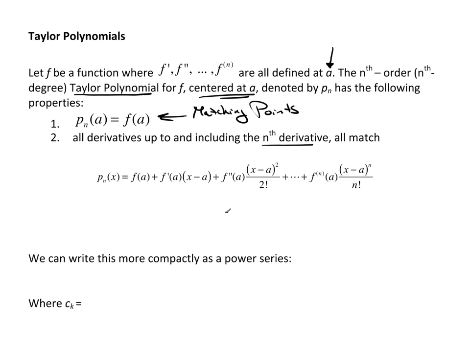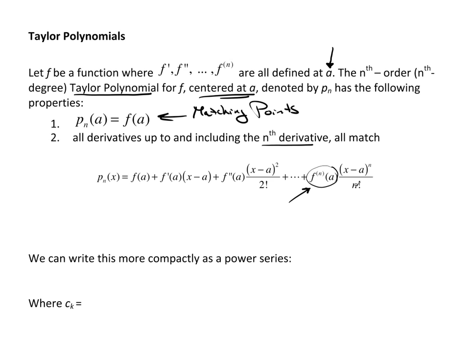So if I take P_n, the nth polynomial, and I take the nth derivative, I will end up with the nth derivative of f at a. That's what I kind of showed in that last little example. I did it for the first degree polynomial, the second, and then the third. So this extends out to the nth.